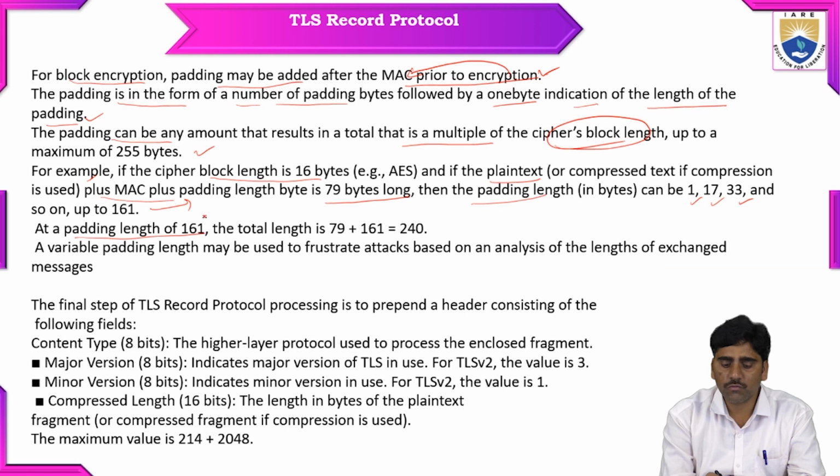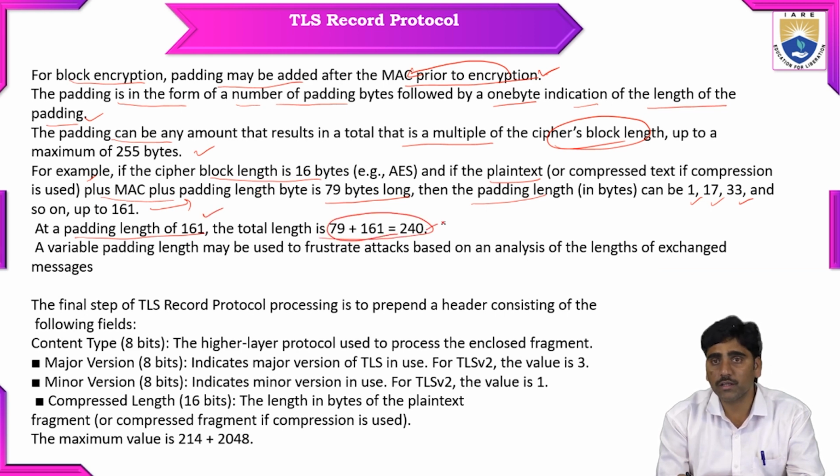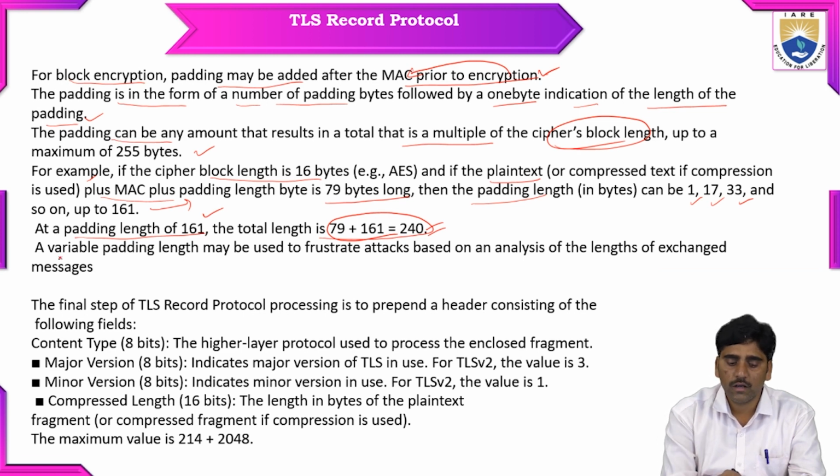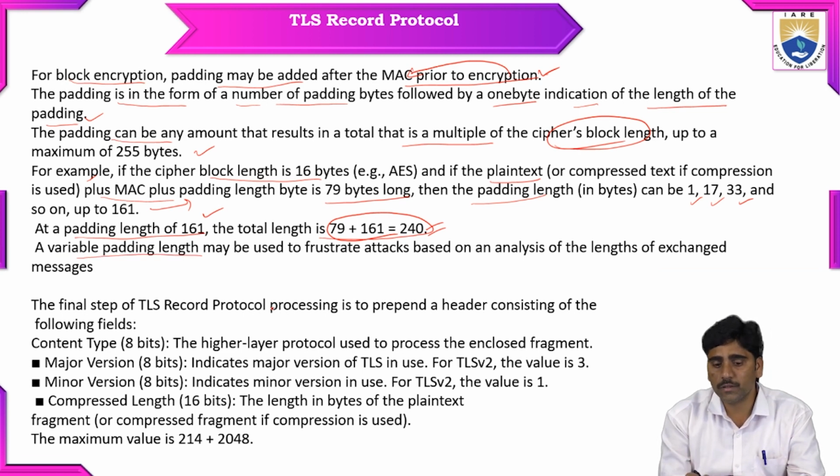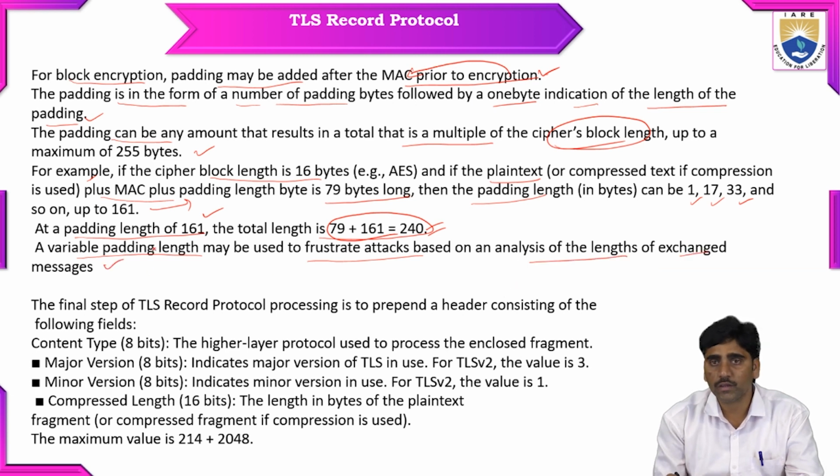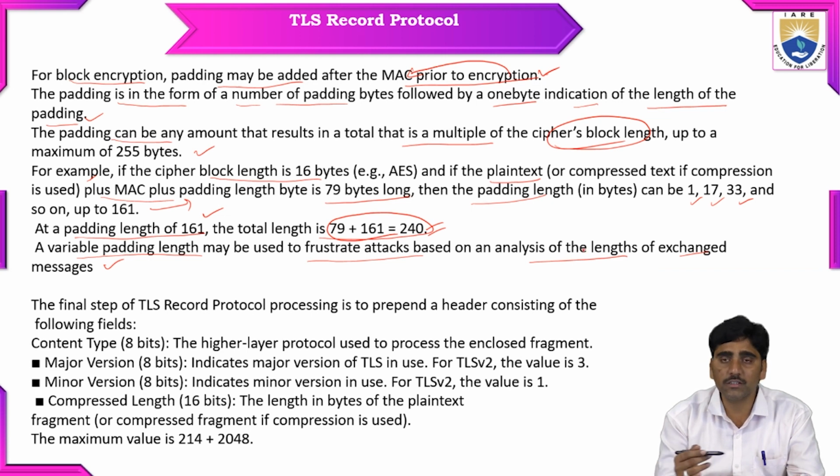At a padding length of 161, the total length is 79 plus 161 equals 240. A variable padding length may be used to frustrate attacks based on analysis of the length of exchanged messages.